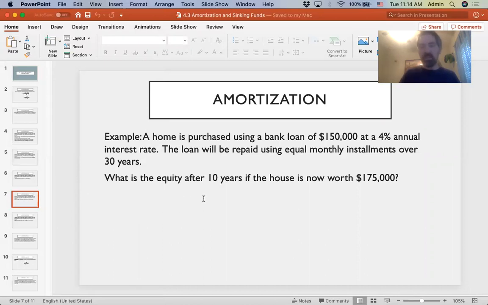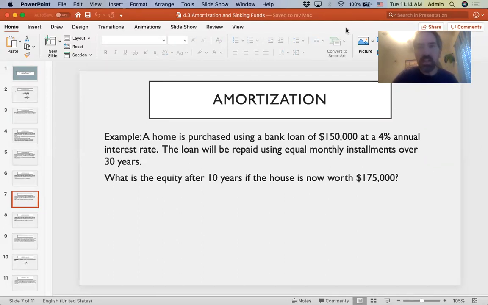After 10 years, we bought the house for $150,000, but it's appraised for $175,000, so we automatically have $25,000 of equity built in. If we were to sell the house, we would make $25,000 plus however much we've paid off on the loan over the 10 years. So we need to calculate that amount.